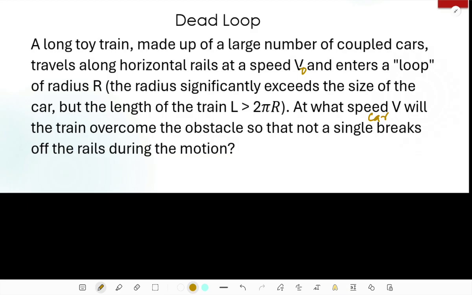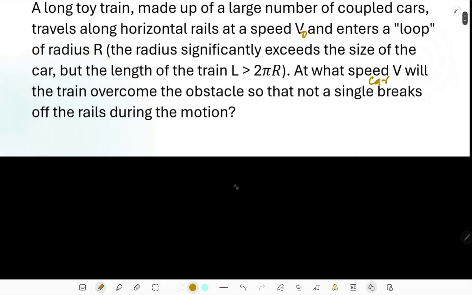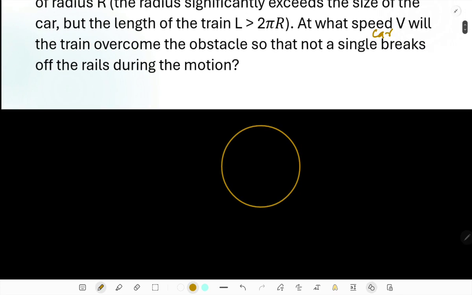When the loop is completely occupied by the train, still some part of the train is on the horizontal rail. Let me have a loop and a horizontal rail.